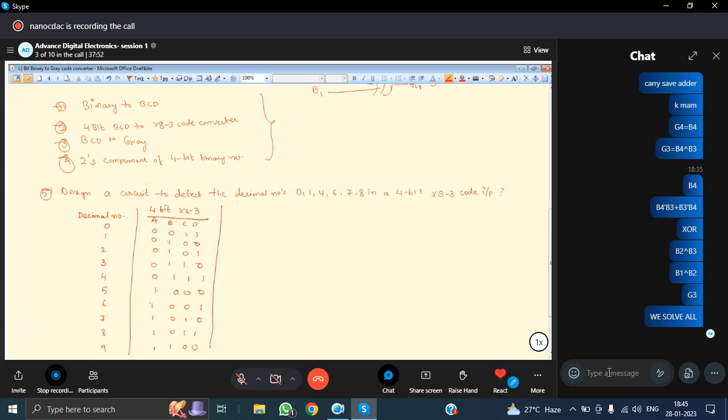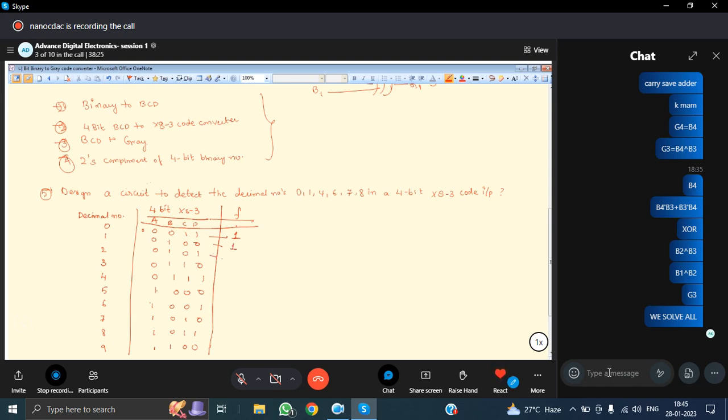Here, at the output function, what are the numbers that we have to detect? You tell me. 0, right. 0 is indicating what? For 0, here you put 1, this is XS3 0. For 1, here you have to put 1.